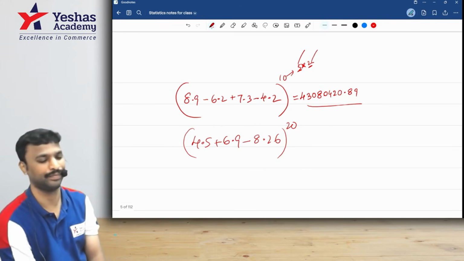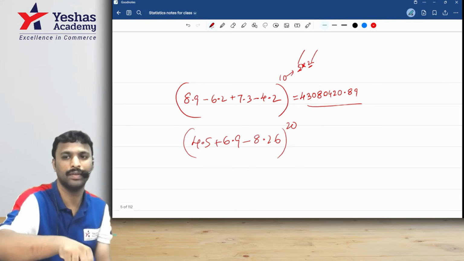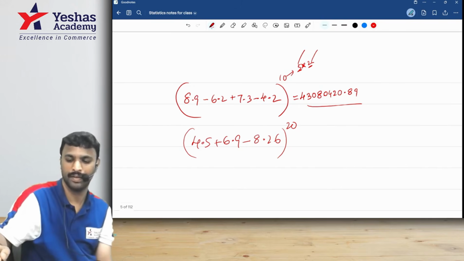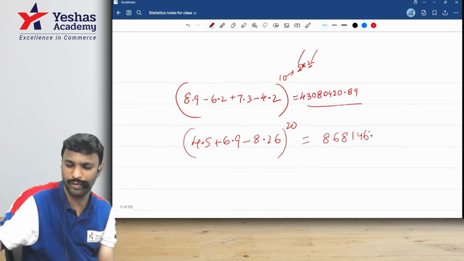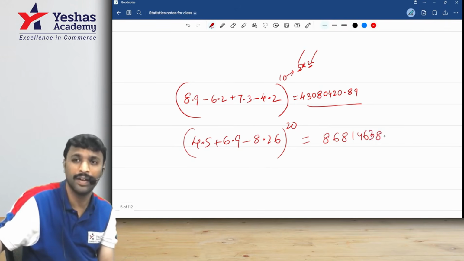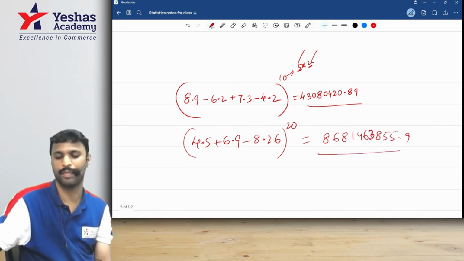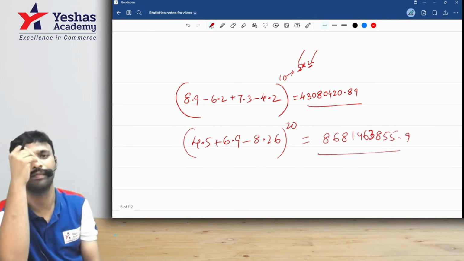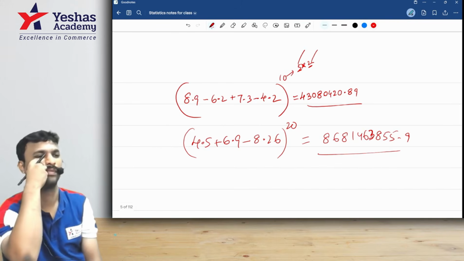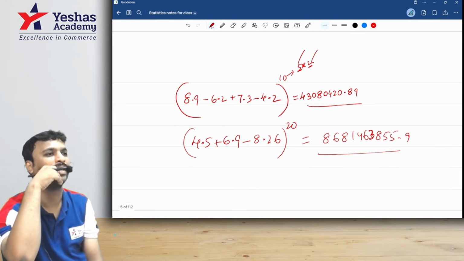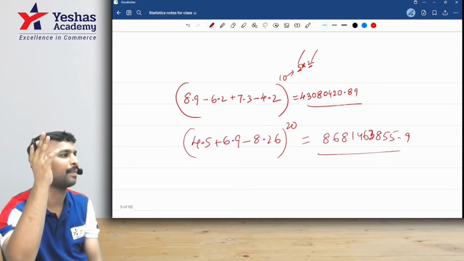Is it making sense? 8681, 4638, double 5 point. Understood? Everybody? Pakka? 100%?